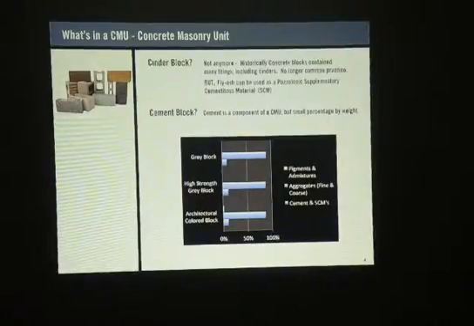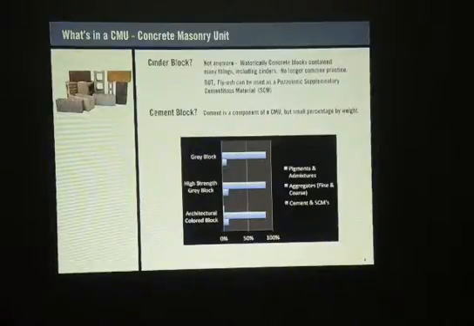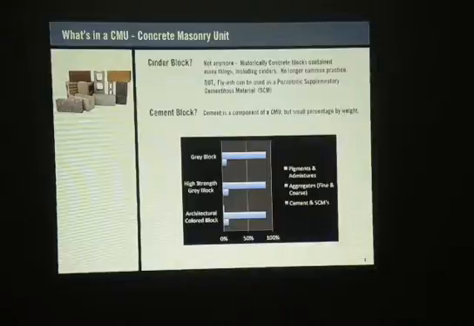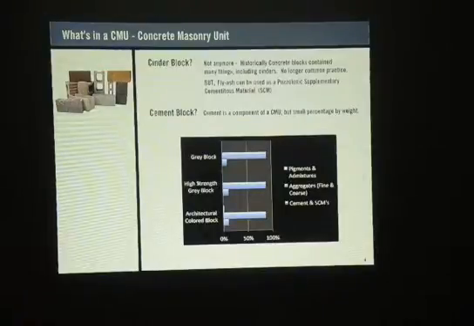I have some flyers back there on pre-insulated block, okay? Pre-insulated block is good for thermal protection so that the building stays cooler in the summer and warmer in the winter because of pre-insulation of block. I actually brought a sample along of pre-insulated block, okay? And we'll pass this around.